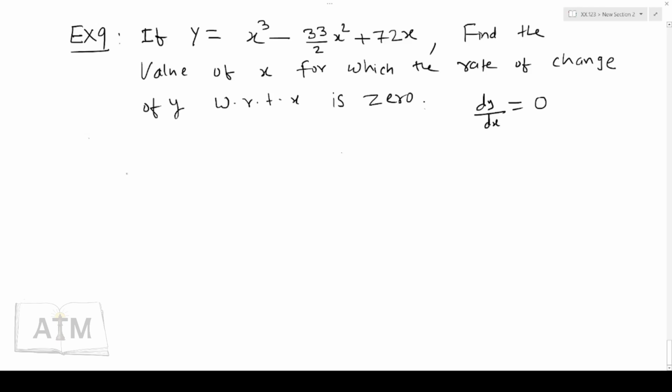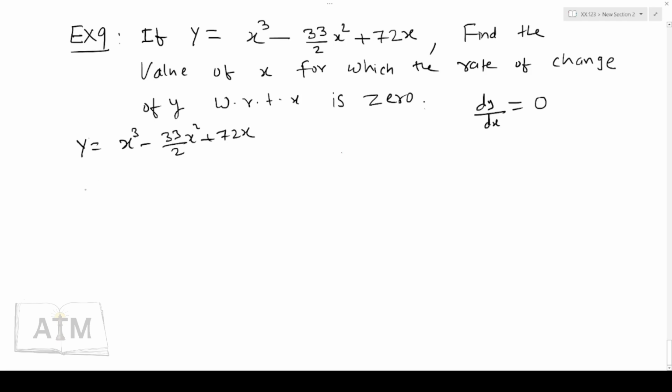Now here is the next example. If y equals x cube minus 33 upon 2 x square plus 72x, find the value of x for which the rate of change of y with respect to x equals 0. We have y equals x cube minus 33 upon 2 x square plus 72x.